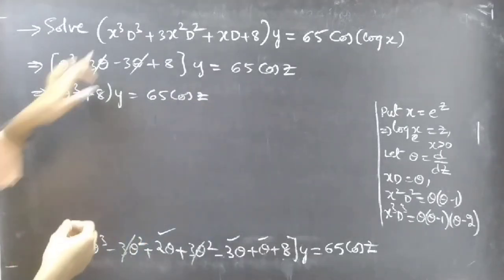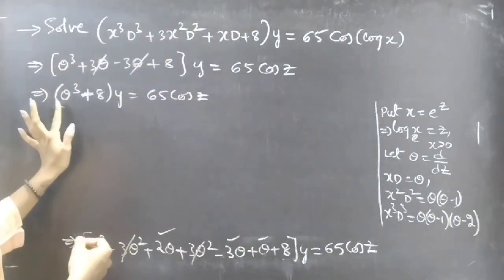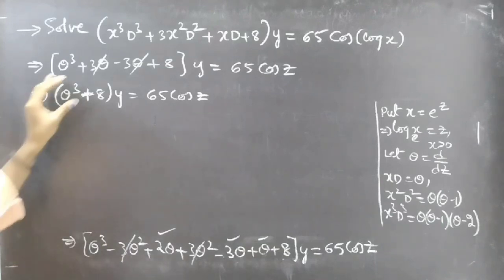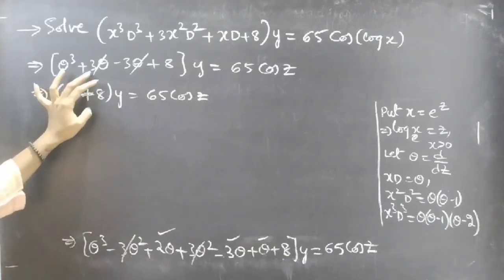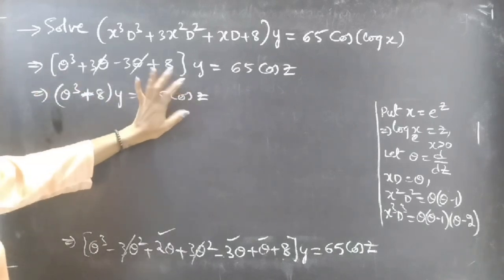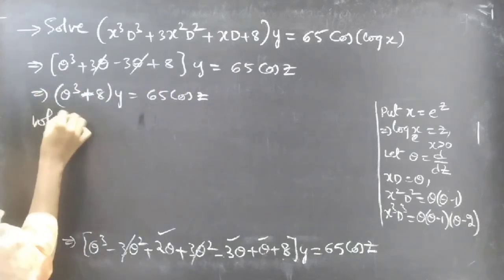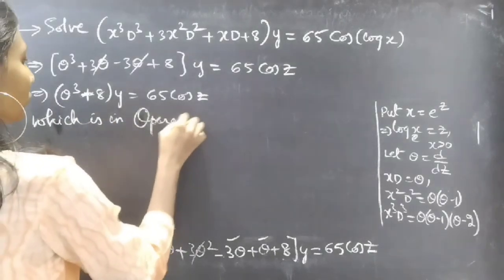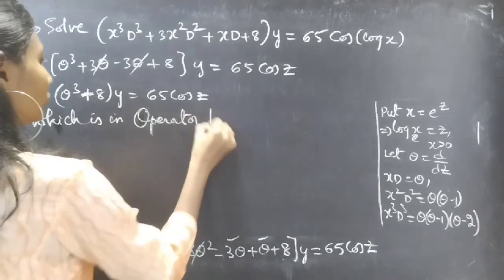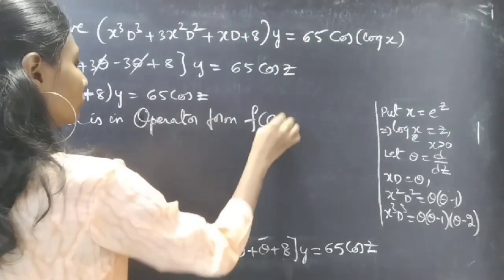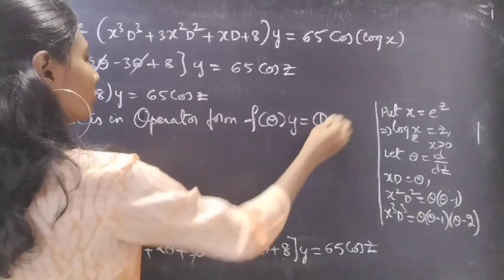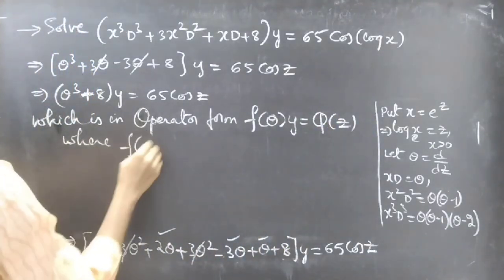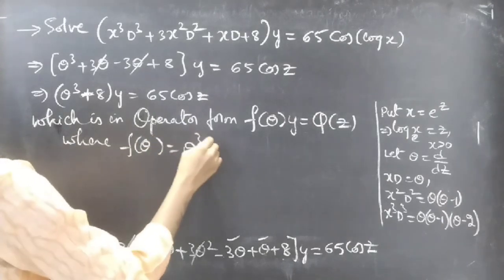So we have reduced the given differential equation with variable coefficients to a differential equation with constant coefficients, right? And this is in operator form, f(theta)y equals some function of z, where f(theta) = theta³ + 8.